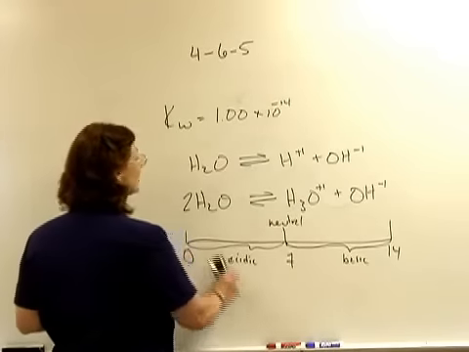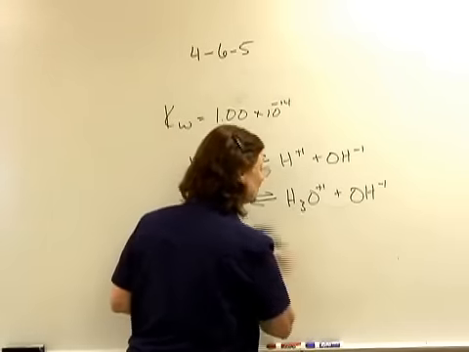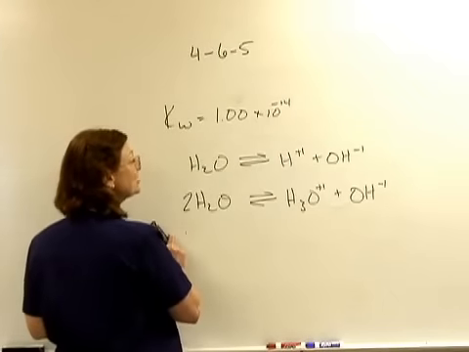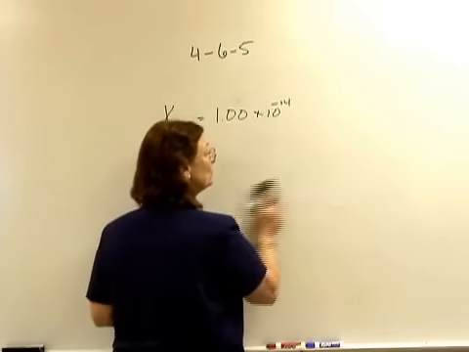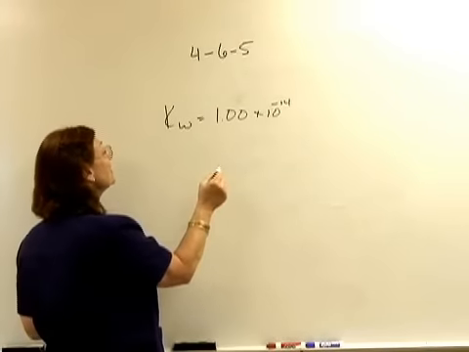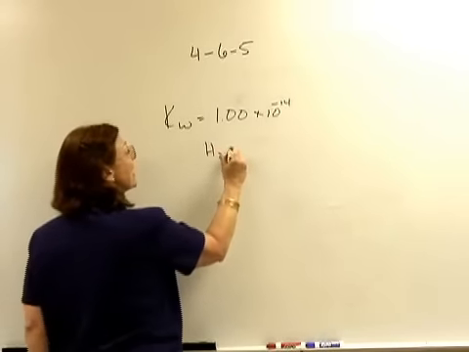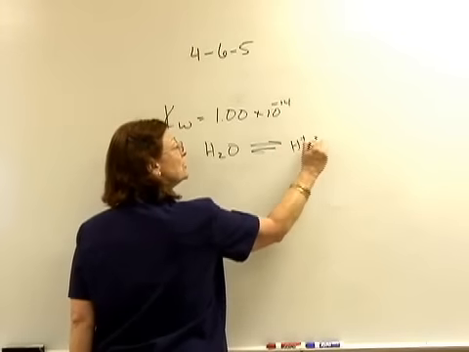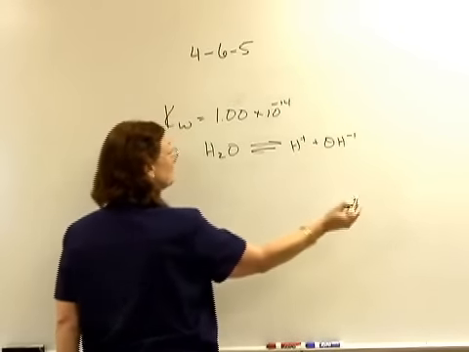Now, the way that I'm going to use this on the very first worksheet is that I know that when we write an equilibrium expression, or using this equilibrium constant, for the first equation that I had, I get my hydrogen ions and my hydroxide ions.